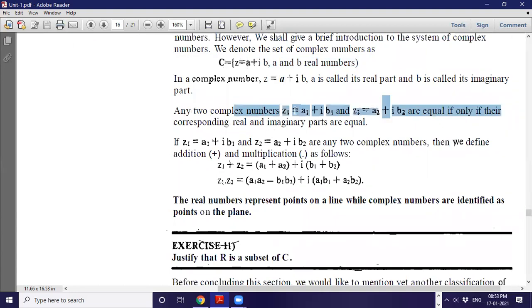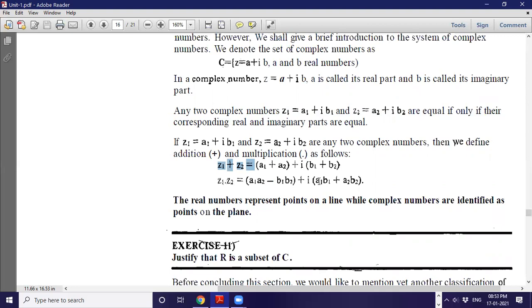Any two complex numbers z1 and z2, where z1 is equal to a1 plus ib1 and z2 is equal to a2 plus ib2, are equal if and only if the corresponding real and imaginary parts are equal. We can add them, we can multiply them. Z1 plus z2 will be what? Add the real parts and imaginary parts: (a1 plus a2) plus i(b1 plus b2). Similarly, z1 z2 is equal to (a1 a2 minus b1 b2) plus i(a1 b2 plus a2 b1).